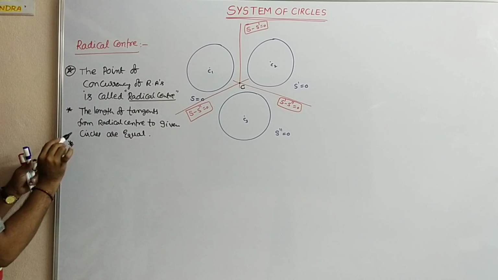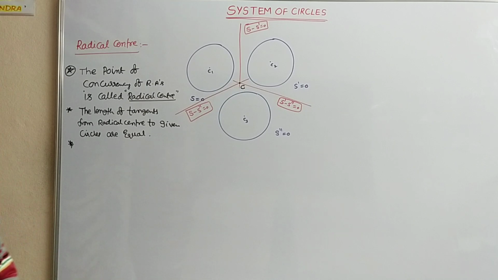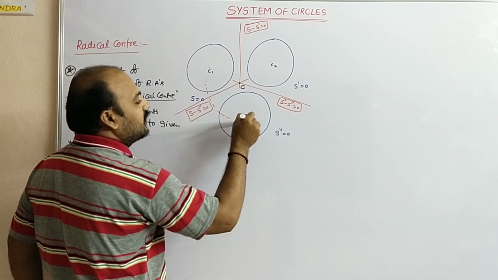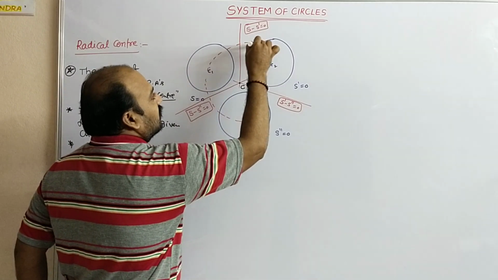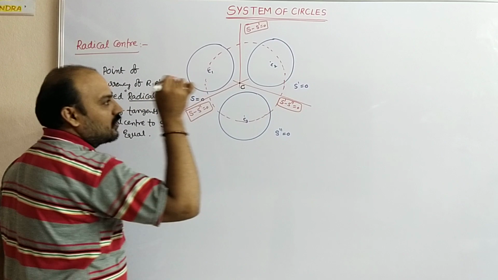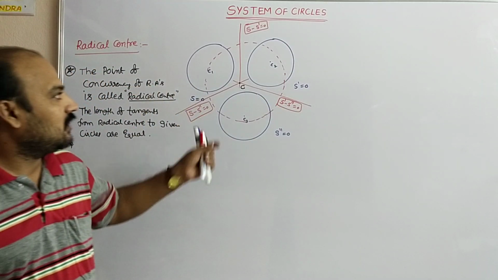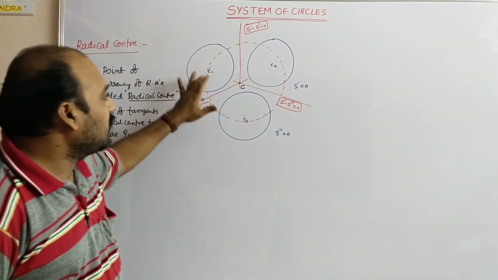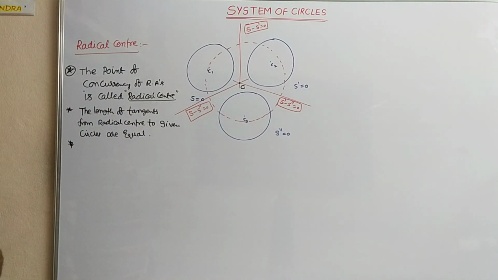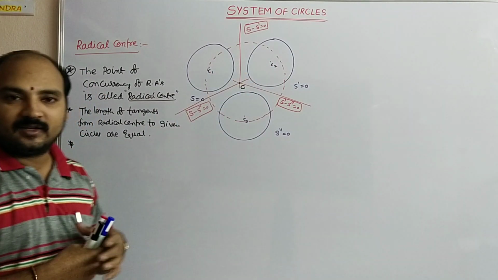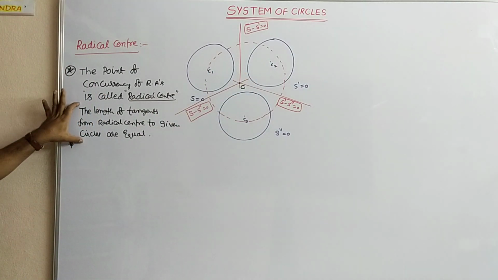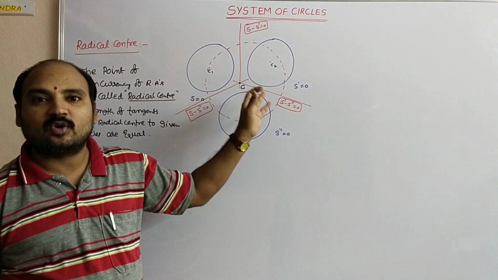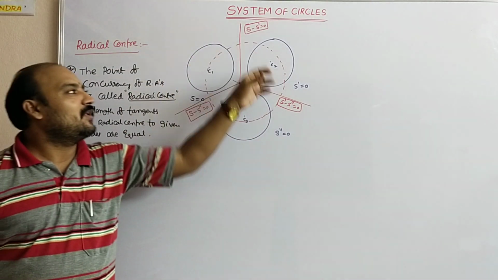And one more point: if a circle cuts these three circles orthogonally, see here, one dotted circle I am drawing. This dotted circle cuts these three circles orthogonally. What is the radius of this circle? Whatever we calculated as the length of tangent from the radical center to any of the circles is called the radius of the required circle.